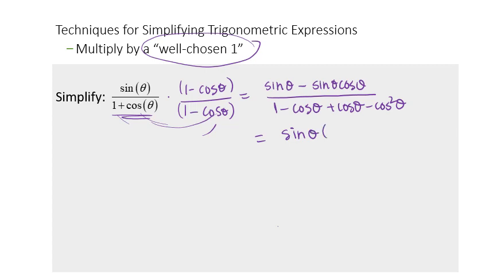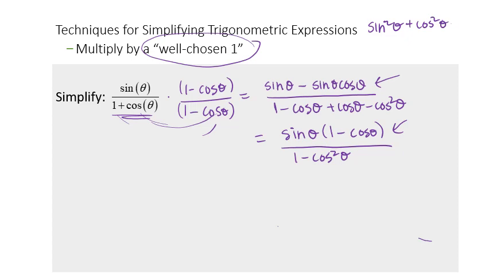And actually, I don't even know why we're going to leave it like this, because you're going to see why in a minute. And then this bottom part is 1 minus cosine squared theta. Now, the reason I'm going to leave this sine factored out instead of distributing it like I did here is because of this. Well, we know that identity, sine squared theta plus cosine squared theta equals 1.